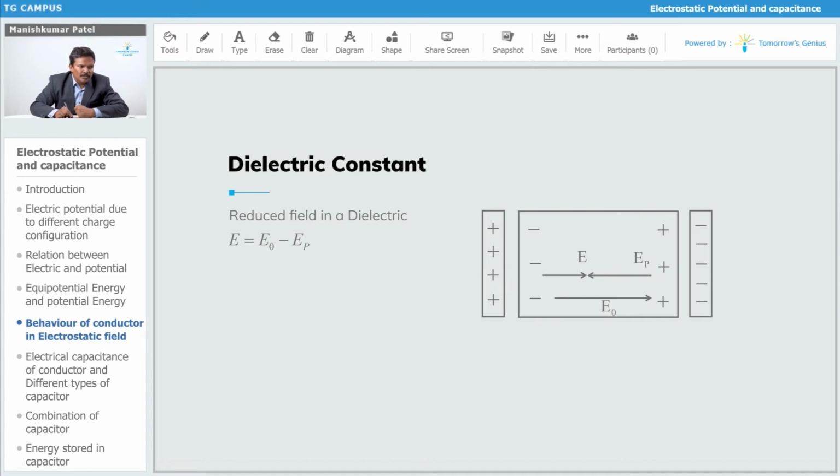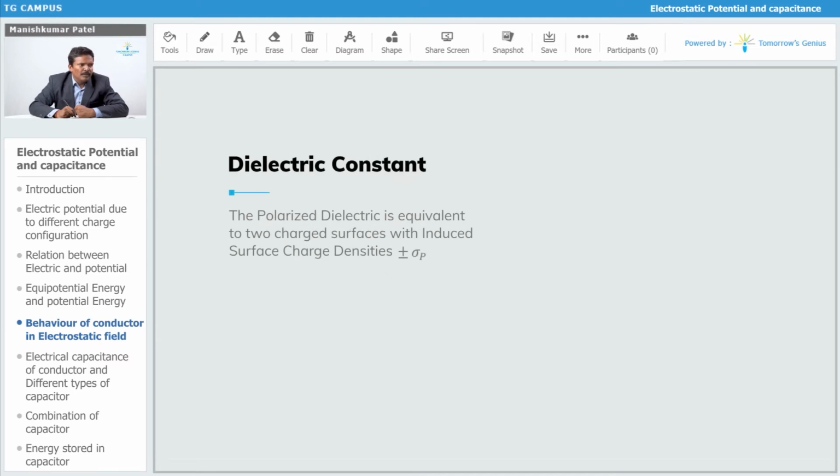So this is the reduced field in a dielectric, where E is equal to E0 minus EP. The polarized dielectric is equivalent to two charged surfaces with induced surface charge density of plus and minus sigma p, one on the left face and another on the right face.